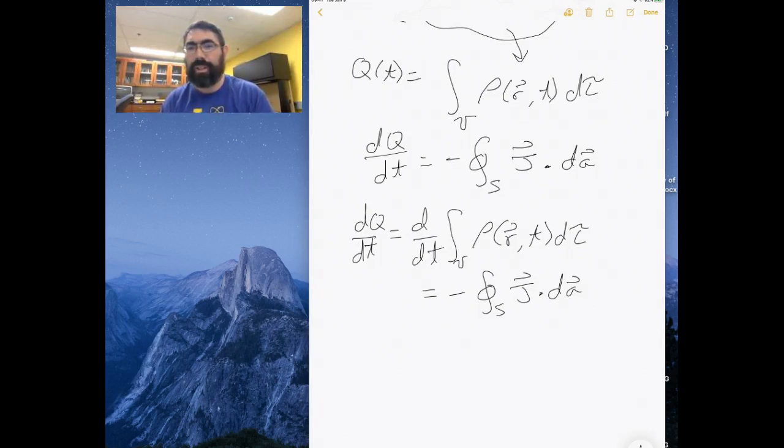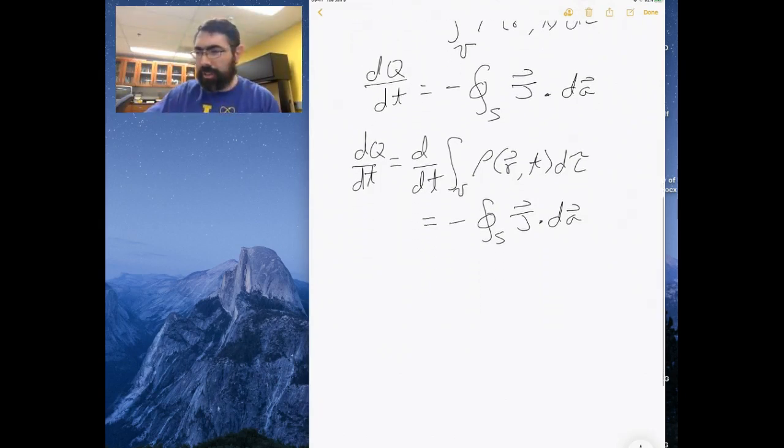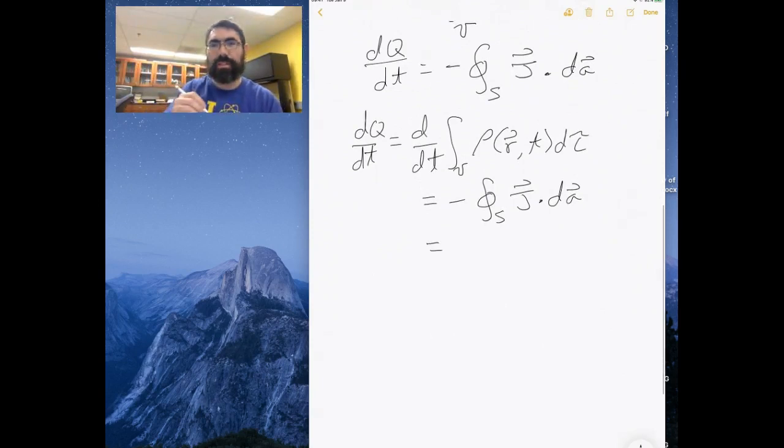Now, if I use the divergence theorem, I can rewrite the integral on the right-hand side as minus the integral over the volume of the divergence of the current.